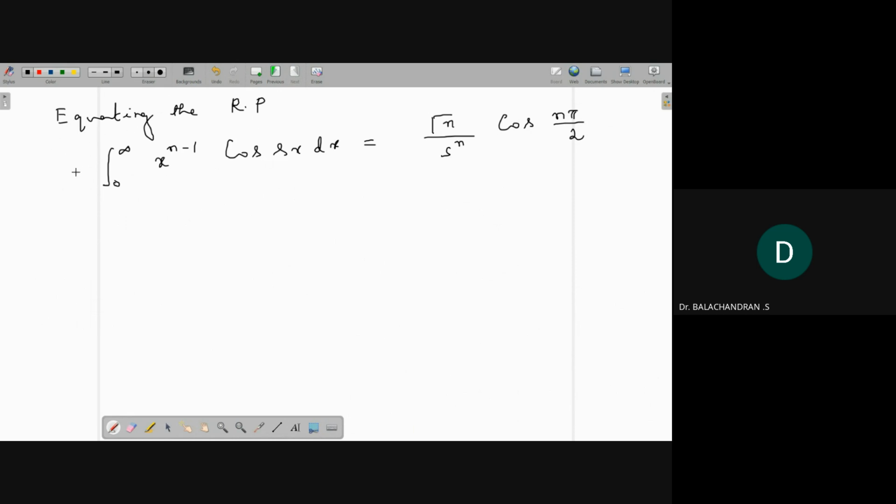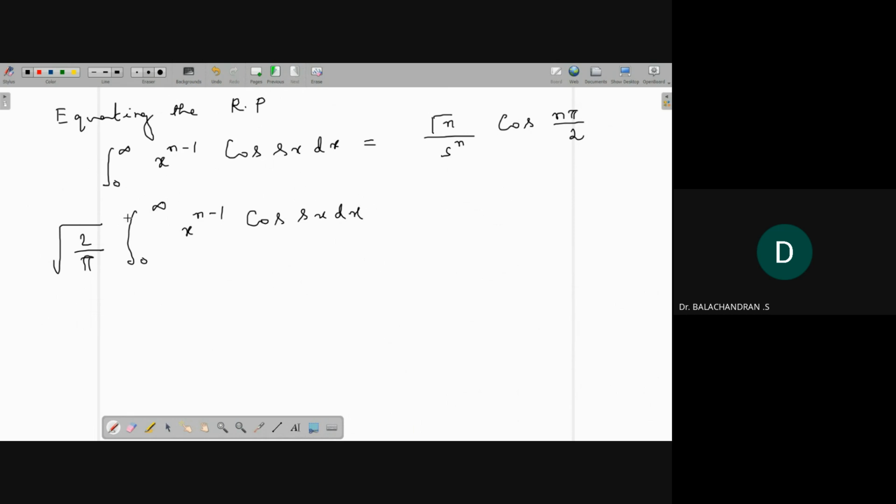So now, what is missing here? Actually the root 2 by pi is missing on both sides. So multiply both sides by root 2 by pi. So you'll get integral 0 to infinity x power n minus 1 into cos sx dx.